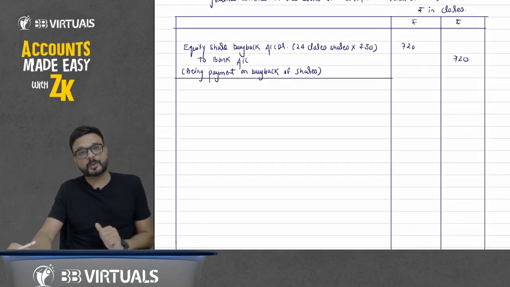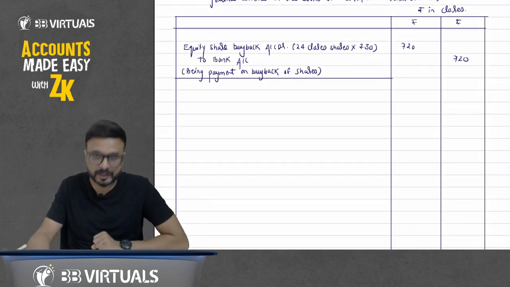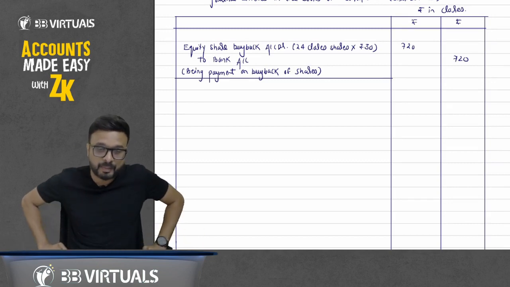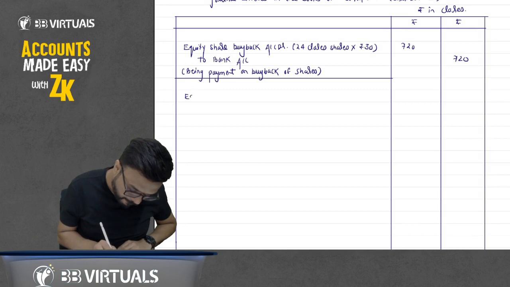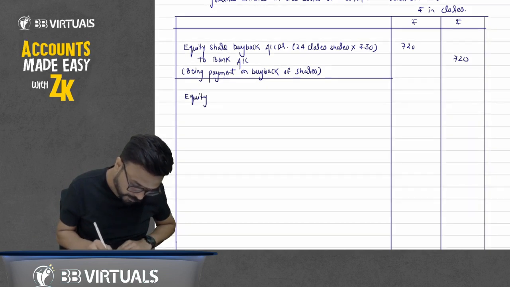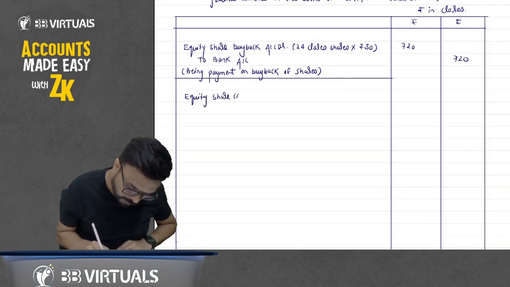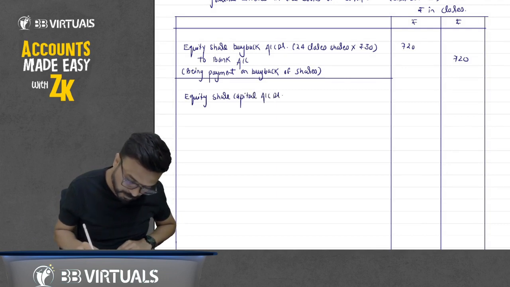The next point now: here we have to cancel it. What is the face value of the share? Rupees 10. We are paying how much? 30. So 20 rupees represents premium on buyback. So write down here: Equity share capital account debit, 24 crore shares.